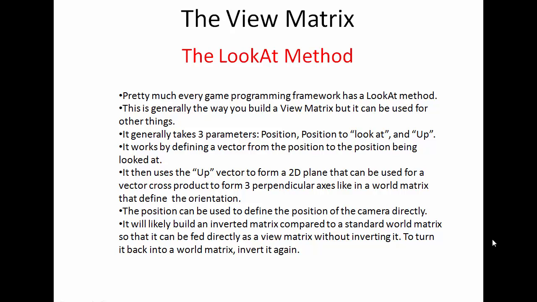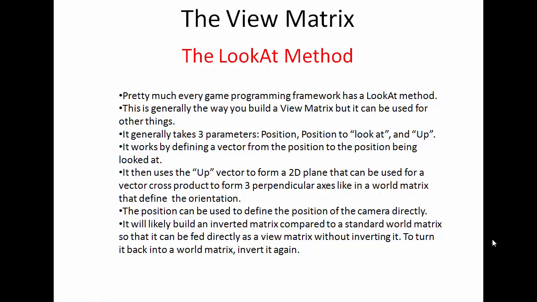If you go through the math, when you pitch the position to look at vector up or down, the up vector theoretically should pitch up and down with it, but if you continue to point up, it won't be perpendicular. Those 2 vectors won't be 90 degrees apart, but they still will live on the same plane. So when you do the vector cross product, you'll still get a vector that points out of that plane, and it ends up basically working.